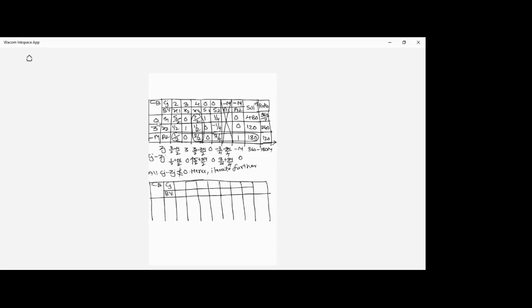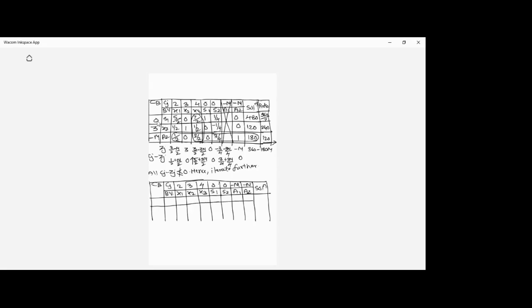Okay, so basic variables are x1, x2, x3, s1, s2, a1, a2. This is minus m, this is minus m, this is 0 and 0. It is 2, 3, 4, and here it is solution.